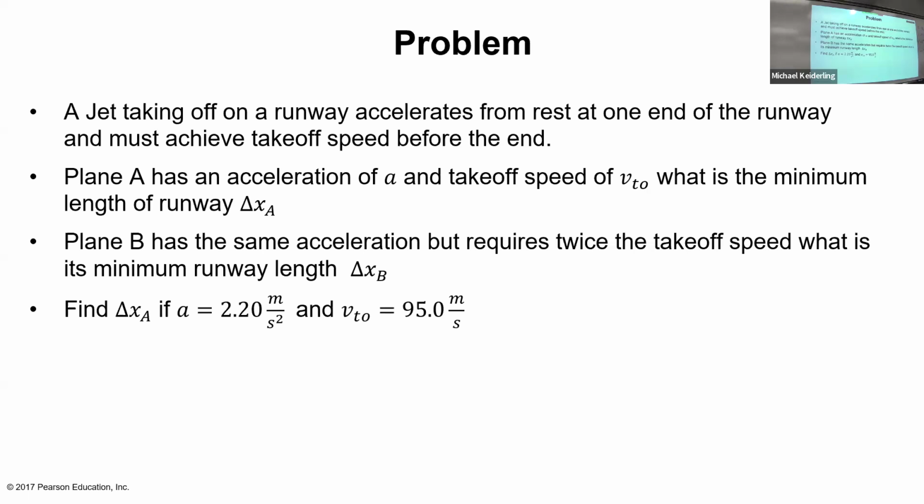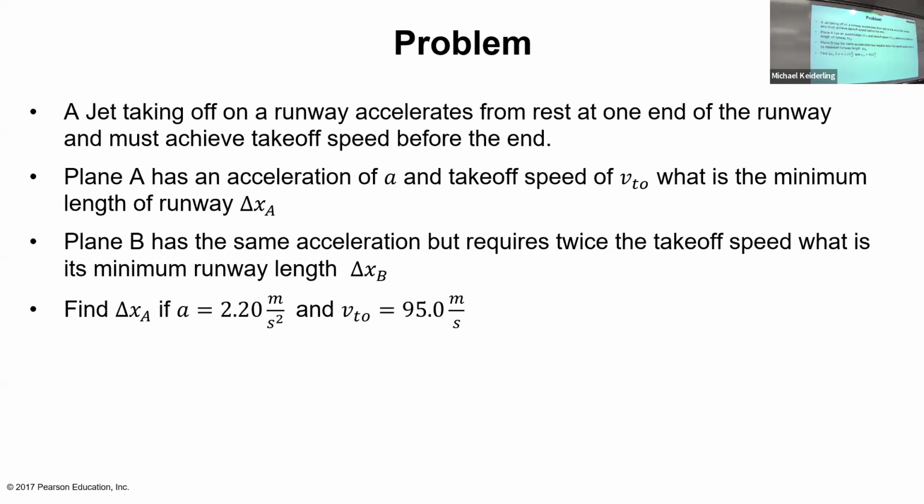And if plane B has the same acceleration but twice the takeoff speed, what's its minimum runway length, delta XB? And finally, figure out what delta XA would be if acceleration is 2.2 meters per second squared and takeoff velocity is 95 meters per second.